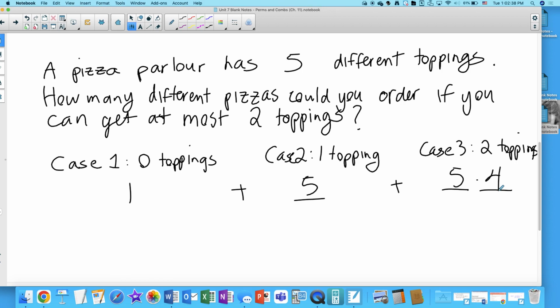Although, even this is a little ambiguous because some people order double meat or double pepperoni or whatever. I don't know how that would work. Maybe it'd be 5 times 5. I think we need a little bit more information. But we'll assume for now that you're getting different toppings. How about that? Okay? So you would go 1 plus 5 plus 20. It'd be a total of 26 different pizzas.